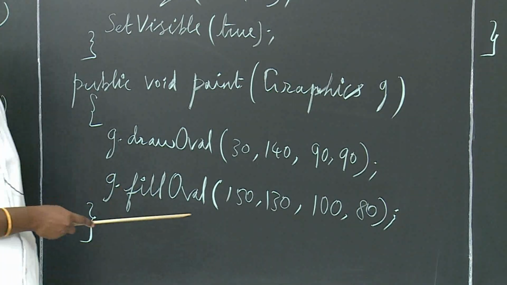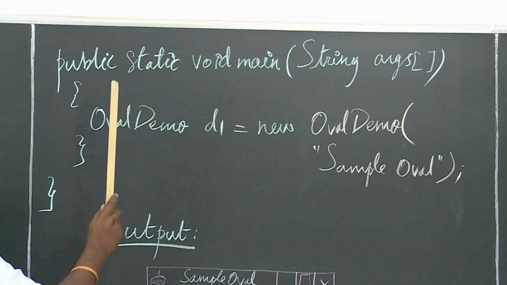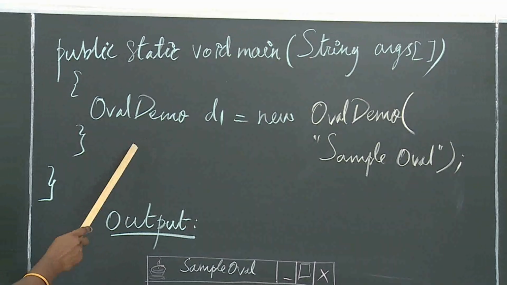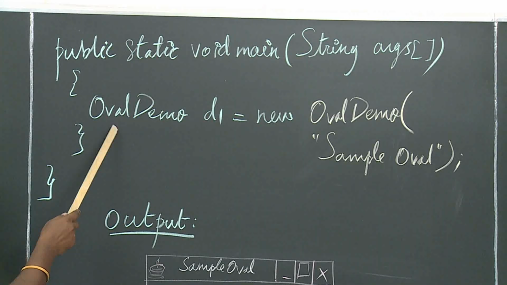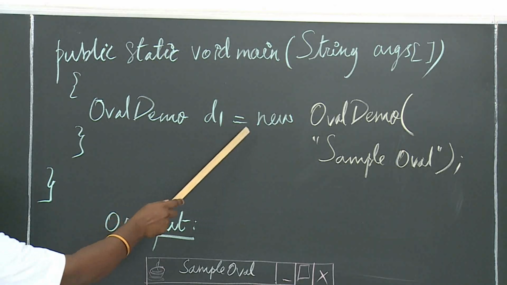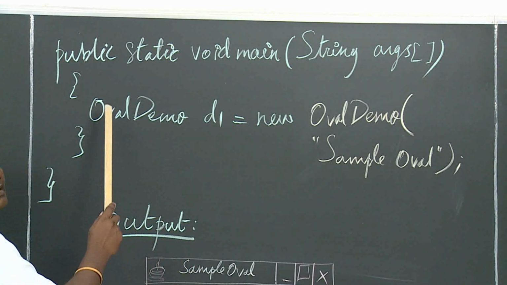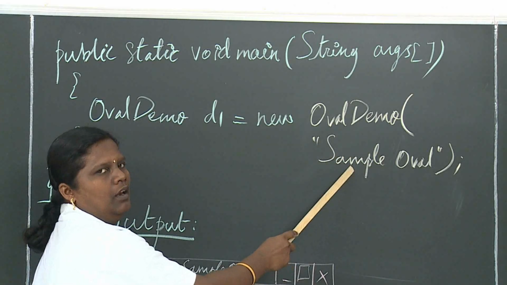Now the main function is written as void main. Within the main function, the object d1 was created of the class OvalDemo. OvalDemo is the class name and its object name is d1. While creating this object, I have passed the frame name, like sample oval.